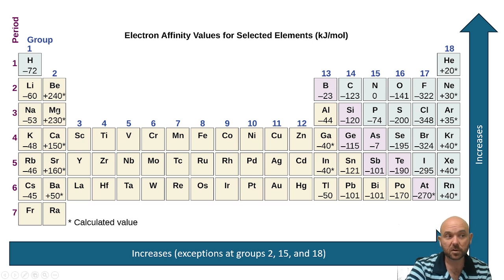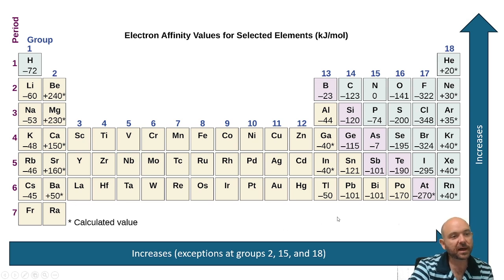Group 2 is different. Group 2 has a bunch of positive numbers because they already have a full s orbital. To add an electron to any of these atoms, you must move into the p orbital on that particular electron shell, and moving into the p orbital costs some energy. So all of these have positive, endothermic, energy-requiring processes for adding an electron to this atom.